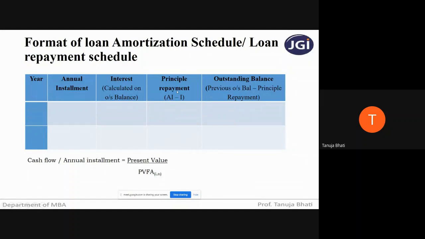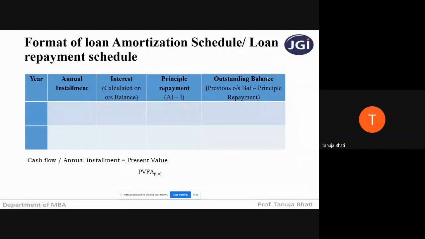It is the amount that is going to be repaid against the principal, and it is calculated by deducting the interest amount from the annual installment.